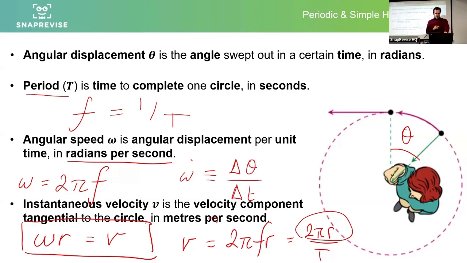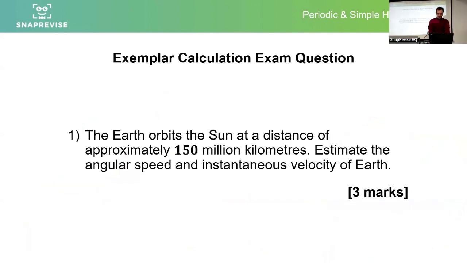So you're dividing the circumference of that circle by the time it takes to travel the circumference. That's just velocity equals distance over time. You know, year 7 maths, but in a circular context. Hopefully that wasn't too confusing.